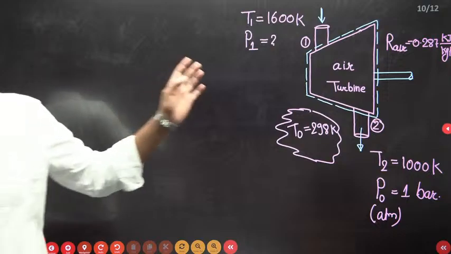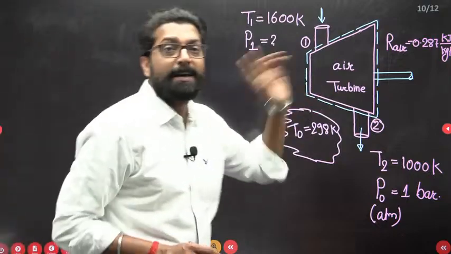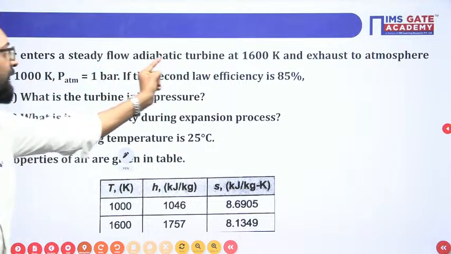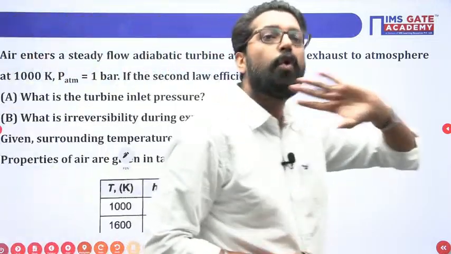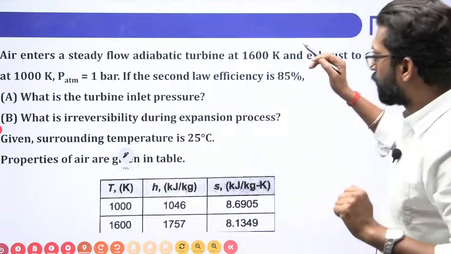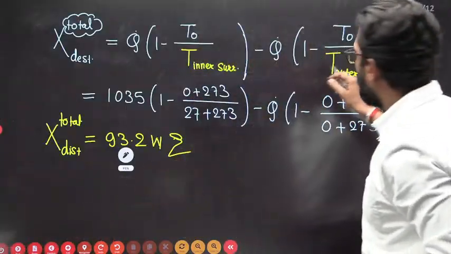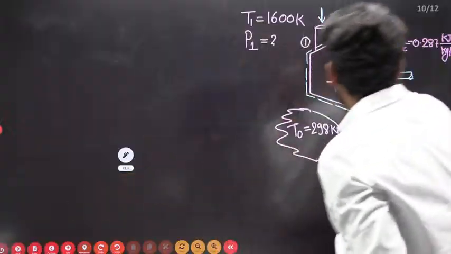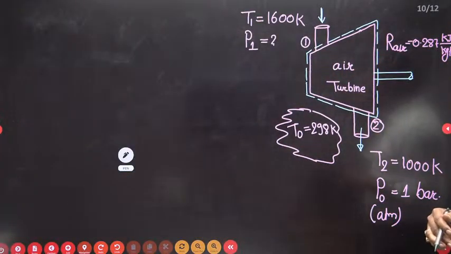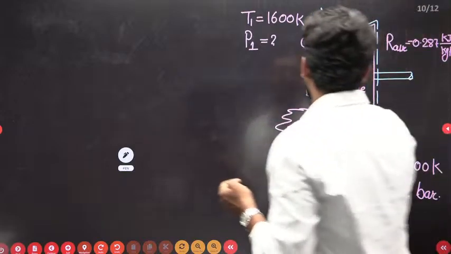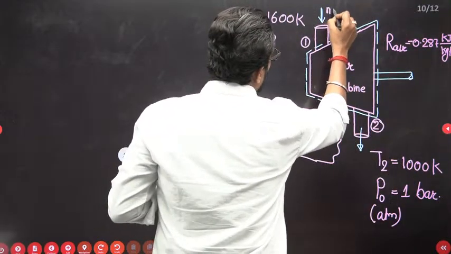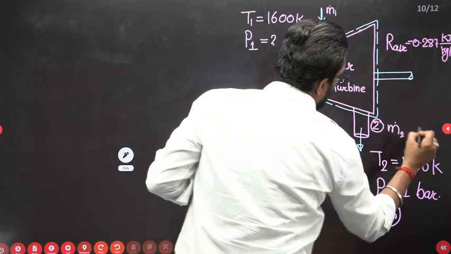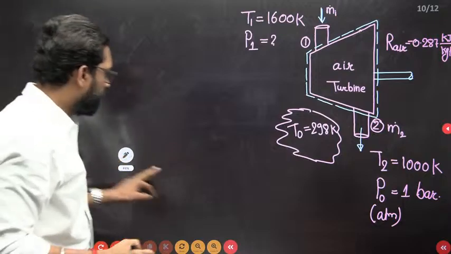Now, the expansion will take place in the turbine. The expansion will take place adiabatically. Why? Because this question says steady flow adiabatic turbine. That means there is no heat transfer. So only mass transfer will take place: mass in and mass out.